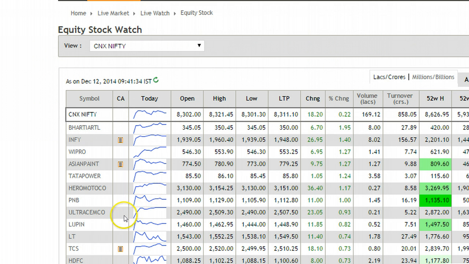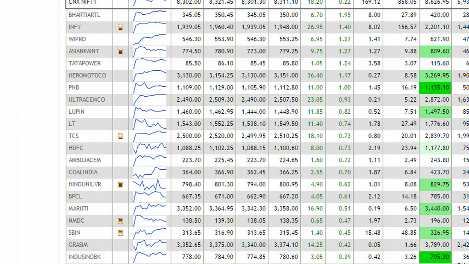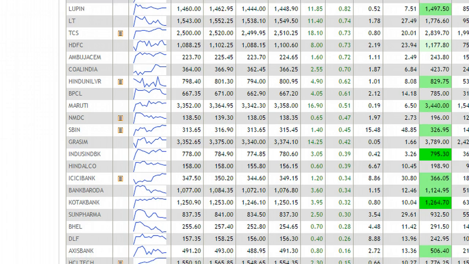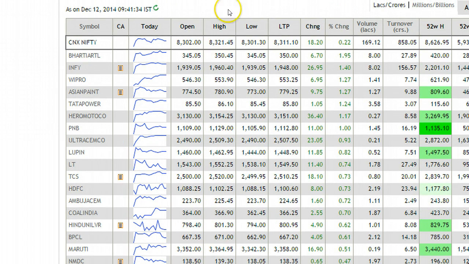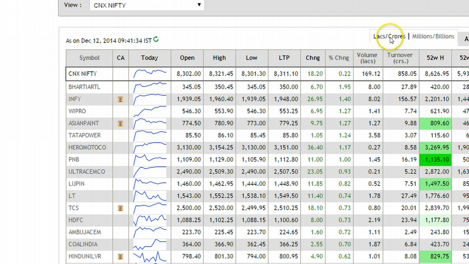So meanwhile, we'll just browse through the other things. You can keep refreshing this page. You have a refresh button at the top here, the green round arrow circle. You will keep refreshing, and you can see the timestamp here. It's 9:41.